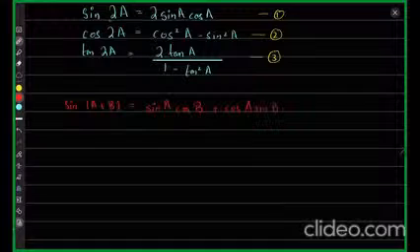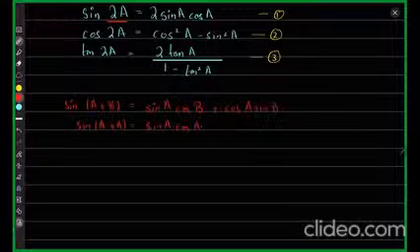So since I have sine of 2a here, I can think about it as sine a plus a, and this would give me sine a cos a plus cos a sine a.